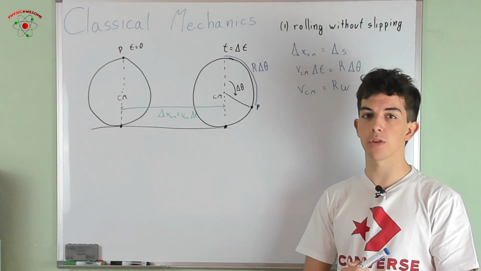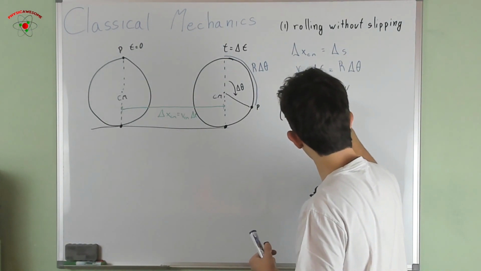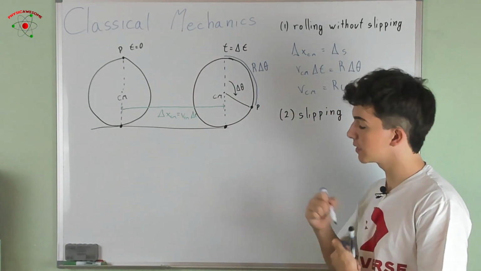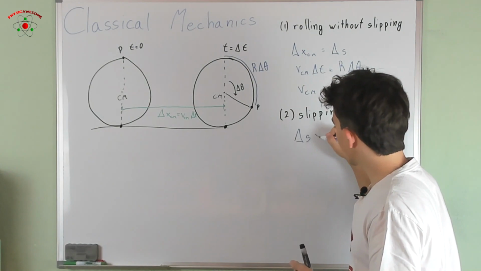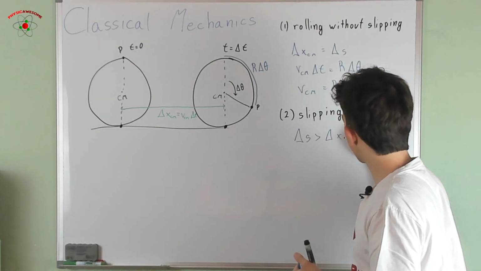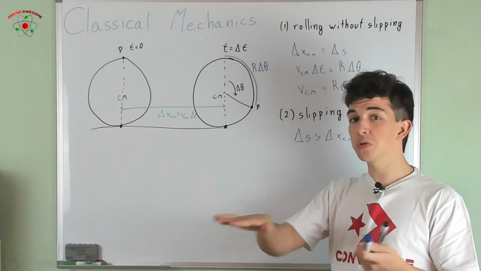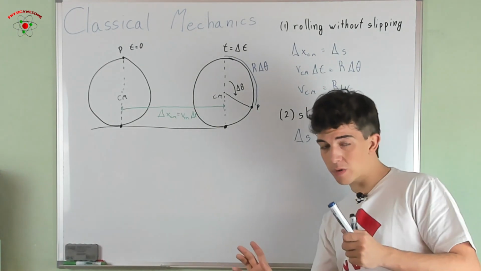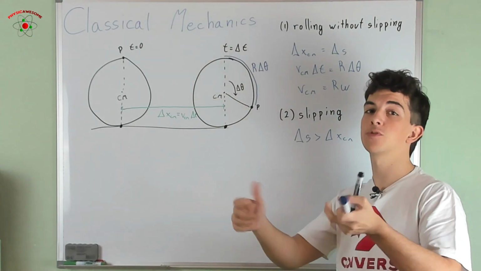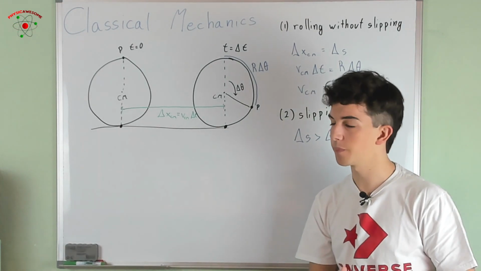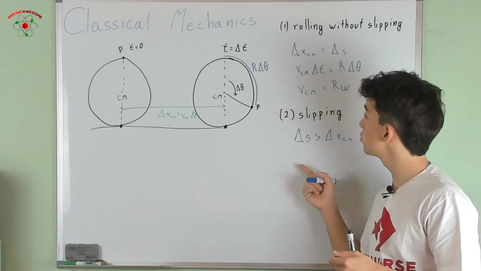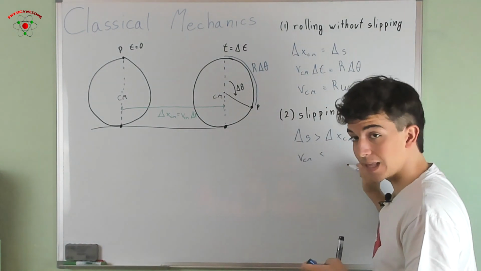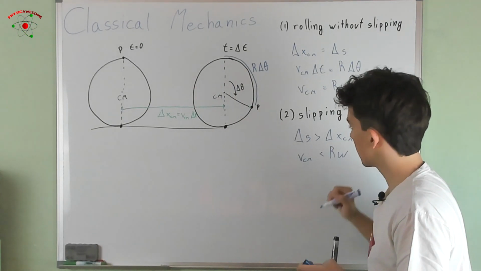Then let's consider the other two options. In this case, delta s is bigger than delta x_cm. This corresponds to the ball slipping, as if it was on a slippery surface, and therefore when you try to rotate it, the ball doesn't move. It just rotates in place and moves a tiny bit. This is also equivalent to v_cm, the velocity of the center of mass, being less than r omega.